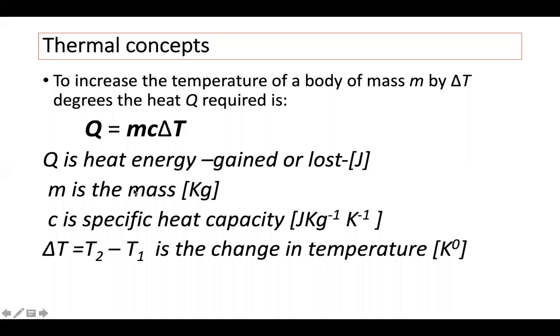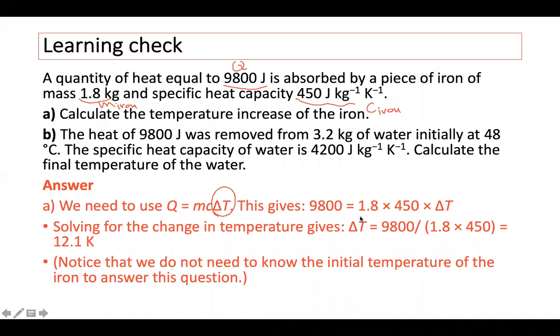Again, mass must be in kilograms, temperature must be in Kelvin, and Q, the amount of energy, is measured in joules. The specific heat is in joules multiplied by kilogram to the power minus 1 and Kelvin to the power minus 1. They have different examples here that you can go through.